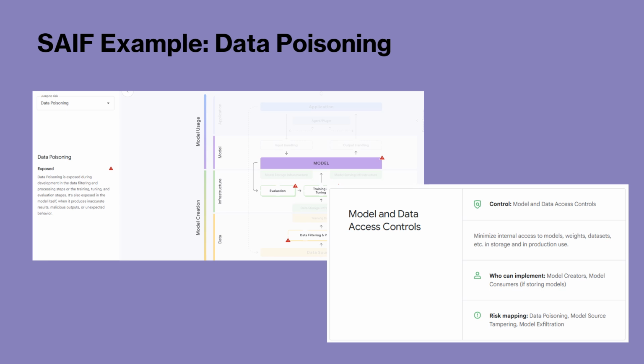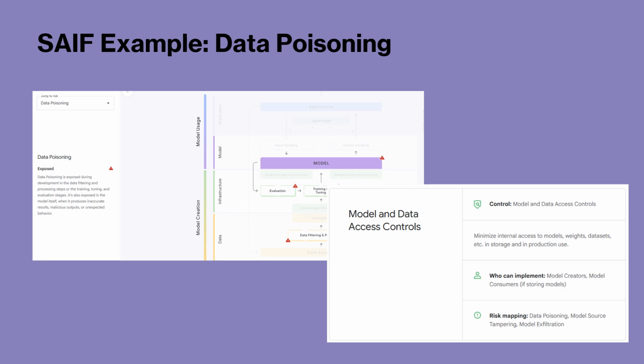Now, fast forwarding a little bit, I had selected controls so we could see what controls pop up. So you'll see on the very bottom called risk mapping that data poisoning is selected as part of this model and data access controls section.